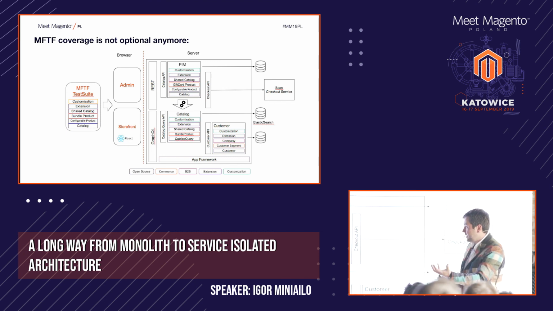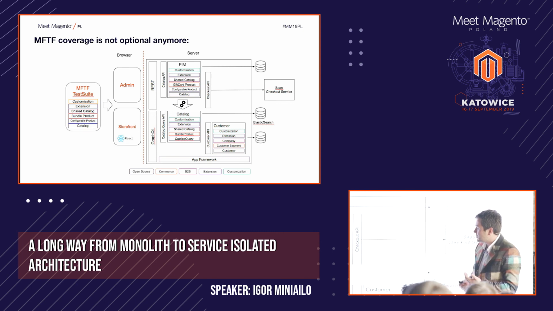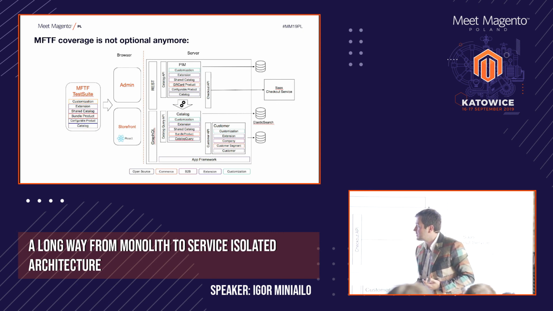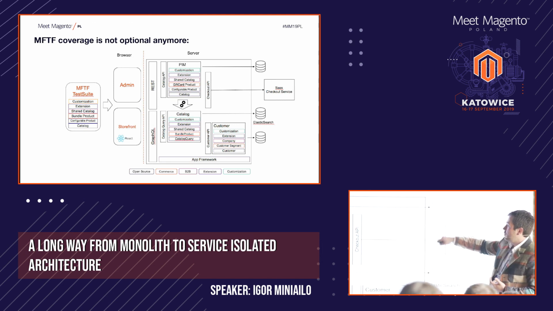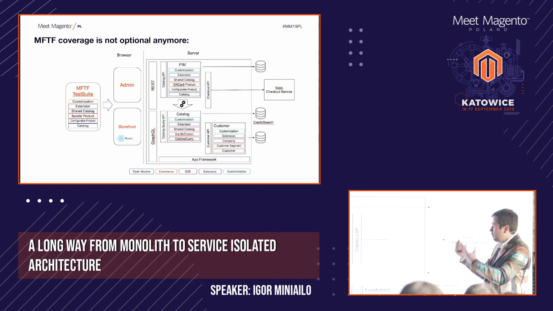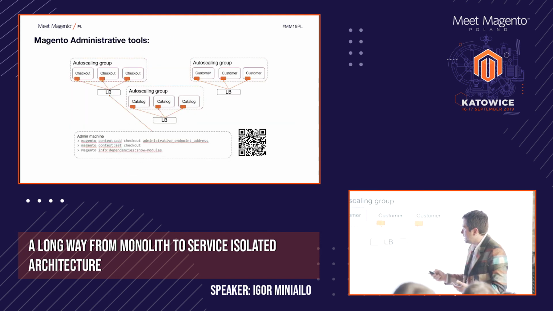And a great idea is that even if you already have functionality in place, you may cover it with an MFTF test, and then your functionality would be protected for different deployment patterns, like this and the previous slide.